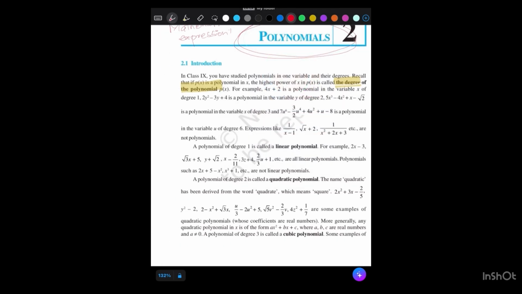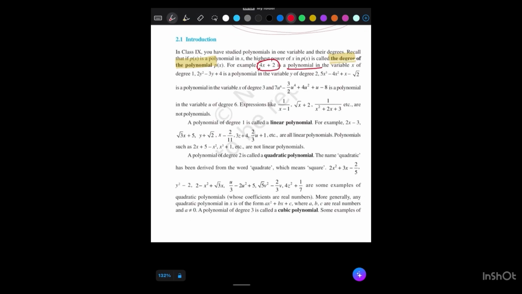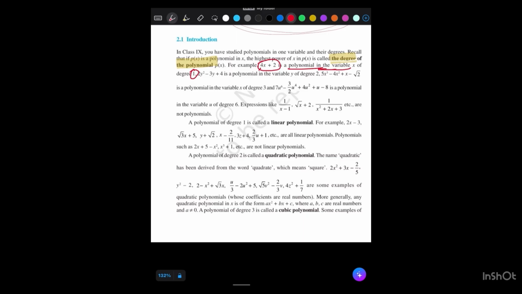So they have given a few examples. We can read it. 4x plus 3 is a polynomial because we have variable, we have coefficient, etc. Here 4x plus 2 is a polynomial in the variable x of degree 1. Why 1? Because we can see x power 1 here.